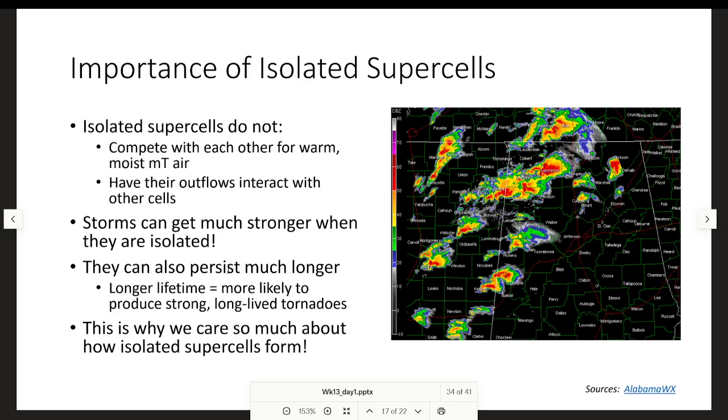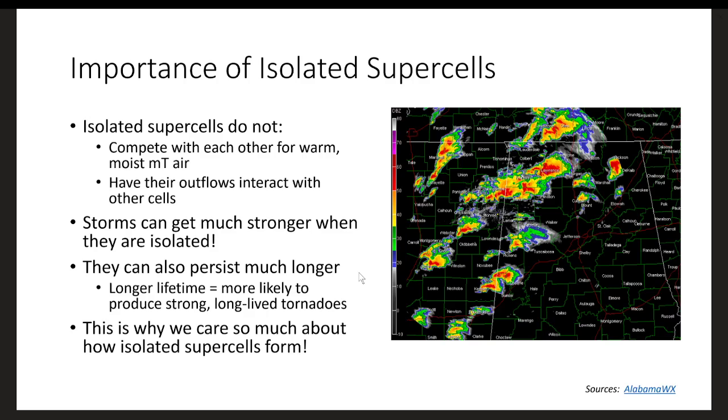And the reason why they can persist longer is because they're self-sustaining in the way that they form. With the updraft and downdraft being separated, and the rear flanking downdraft feeding the storm more, it creates a system where it can maintain itself.